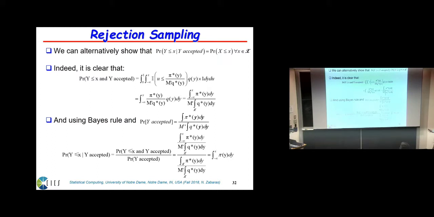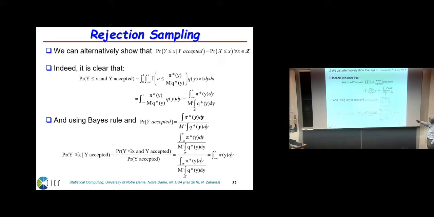So effectively the y sample is a sample coming from the distribution pi of x, which is on the right hand side. All right, so right now you see there are two statements here, that y is less or equal to little x, some given value, and y accepted. So you can think of this as a probability on this continuous variable and some sort of a discrete value that says if y is accepted or not. And this is what this integral is about, okay?